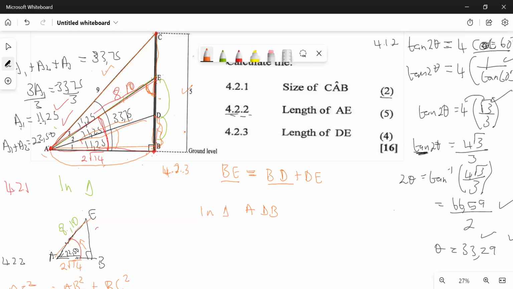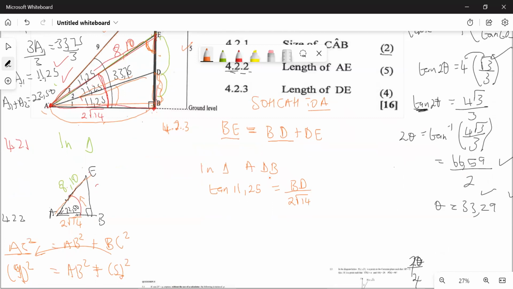So the way you do it, you use tan. You want to say the tan of 11,25 is equal to BD over 2 root 14.